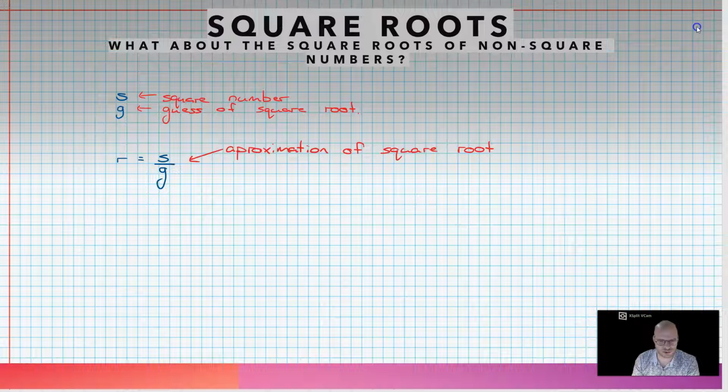So this is all well and good. r is equal to s divided by g. Now the question is, what sort of number should we choose for g? And let's go easy. We'll just pick the number 1.